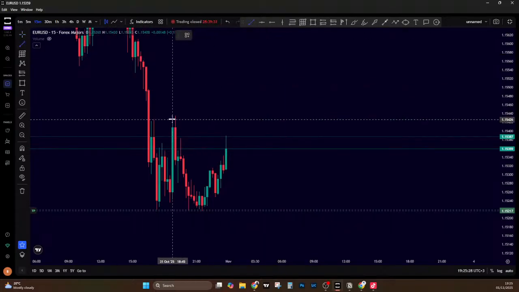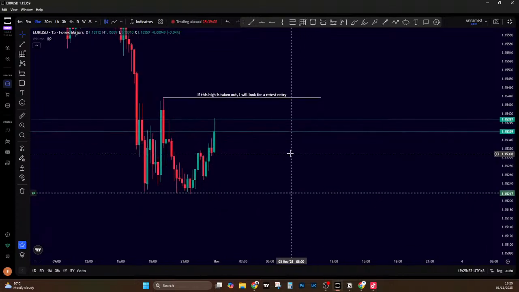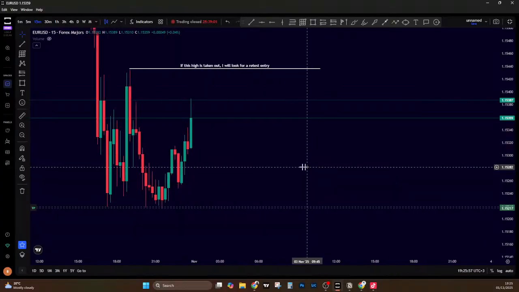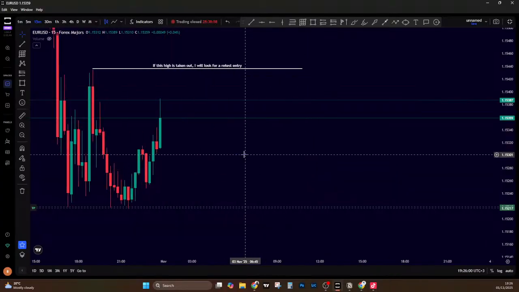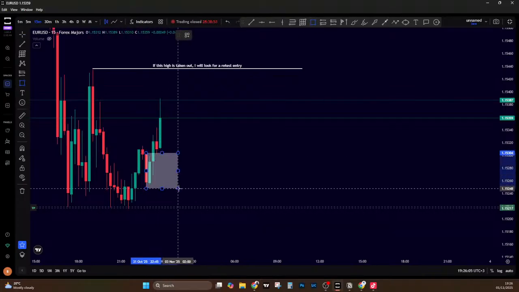But if this high is broken or taken out, I will look for a retest entry. So if this high gets taken out, I look for a retest entry which is around this area.